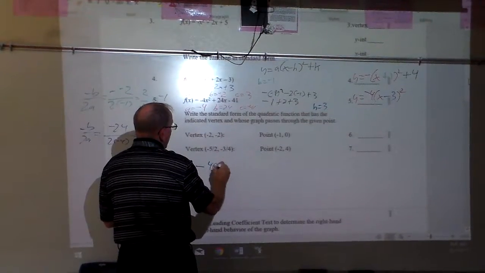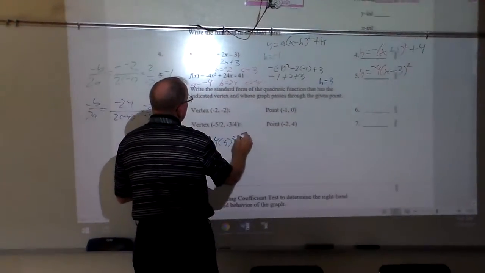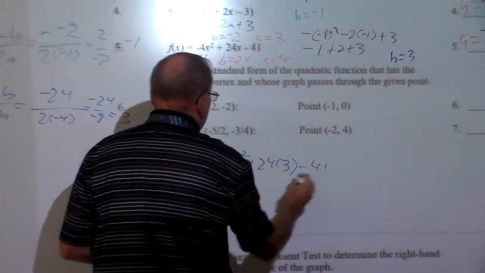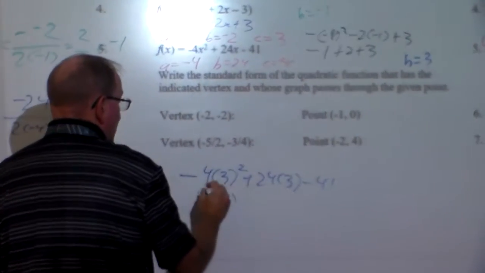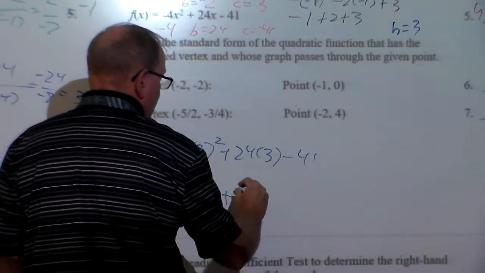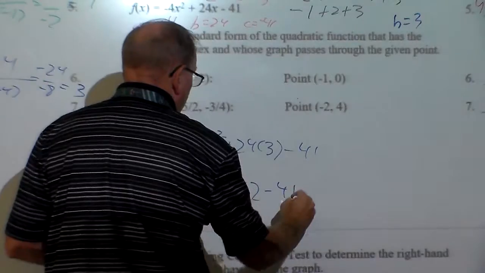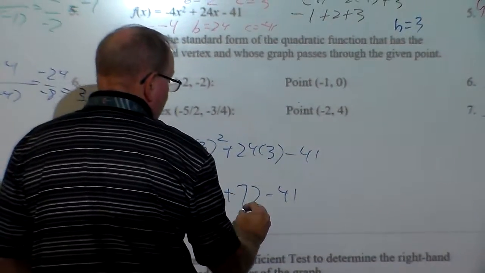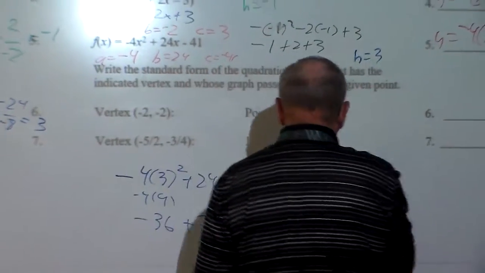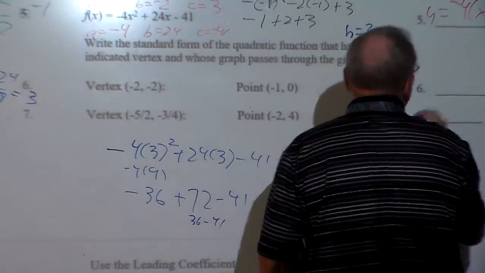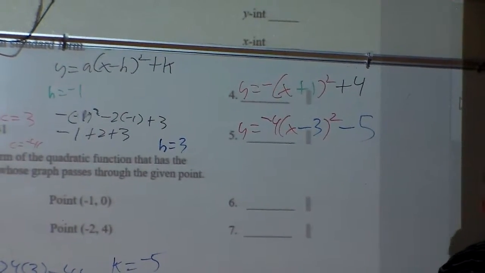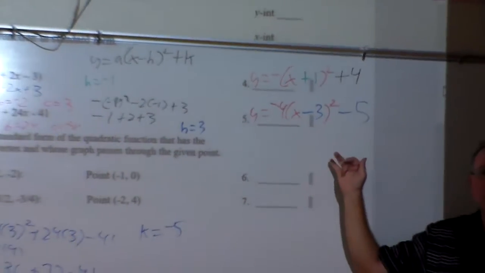I'm going to go negative 4 times 3 squared plus 24 times 3 minus 41. 3 squared is 9 times negative 4 makes it negative 36. And 24 times 3 is 72 minus 41. Well, that makes it positive 36 minus 41, which makes my answer negative 5. K is negative 5, which I'm just going to write as minus 5. So I just wrote those in standard form.